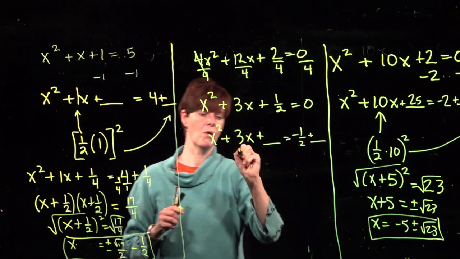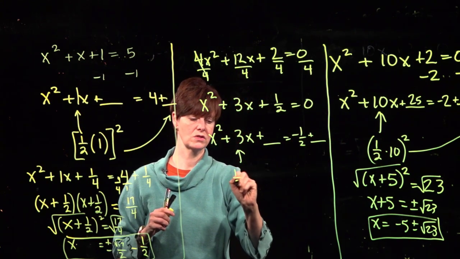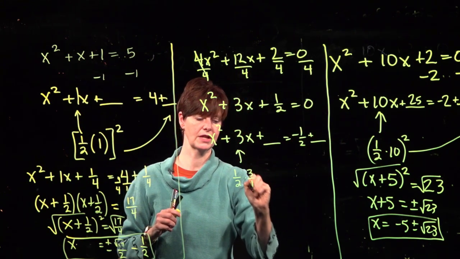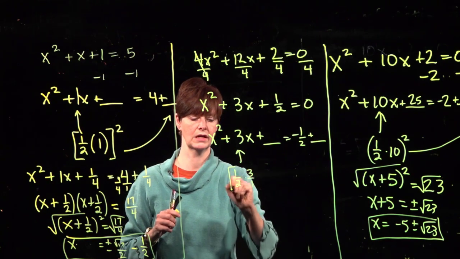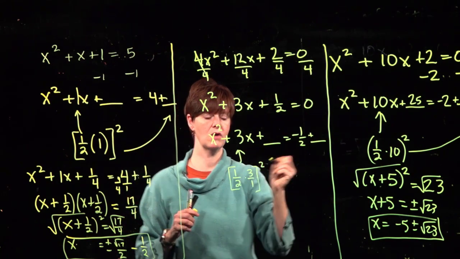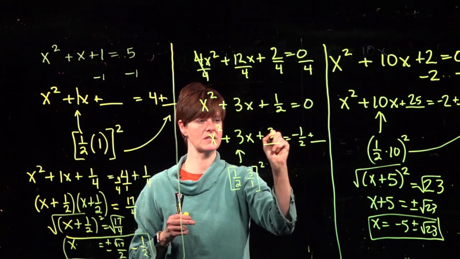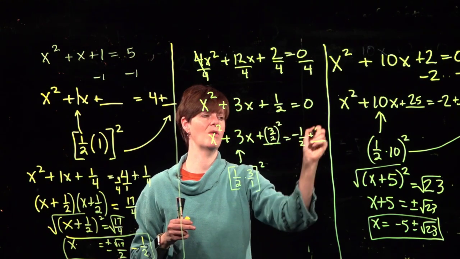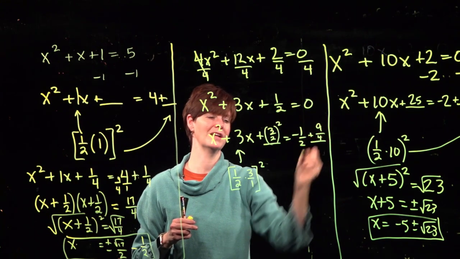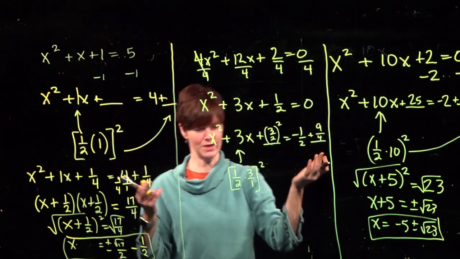So 1/2 of this, so just write it as a fraction like that. 1/2 of 3 squared. Now, what I really care about is the 3/2, right? So I'm just going to leave it as 3/2 here. Now over here, what I really care about is the 9/4.